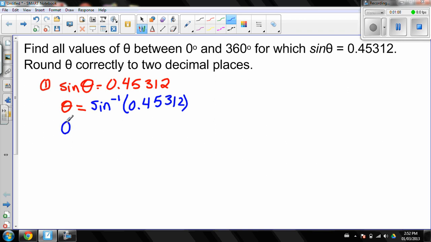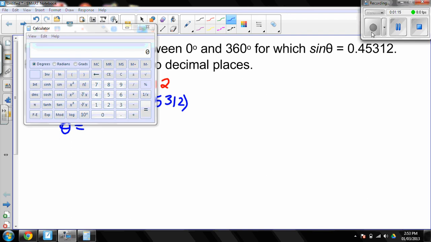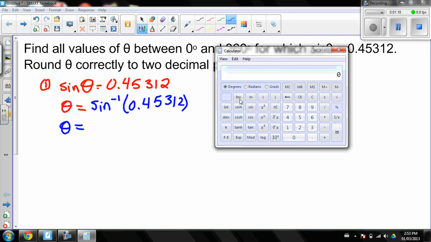Okay, we're working in degrees here. So I'm going to plug that into my calculator and see what I get. Okay, so I have my calculator up here. And I'm going to take the inverse of sine, or kind of like saying second function sine, 0.45312.